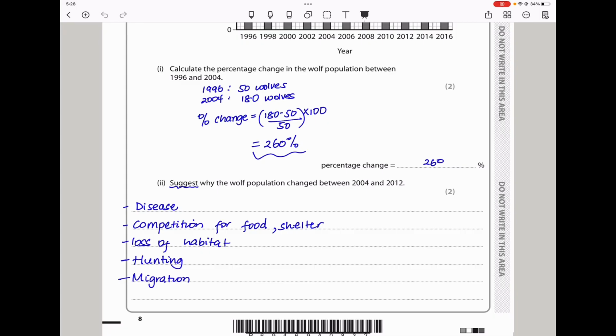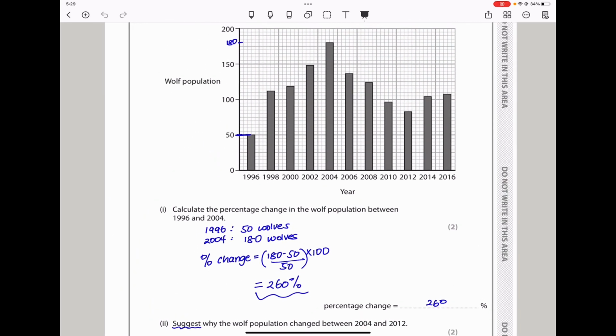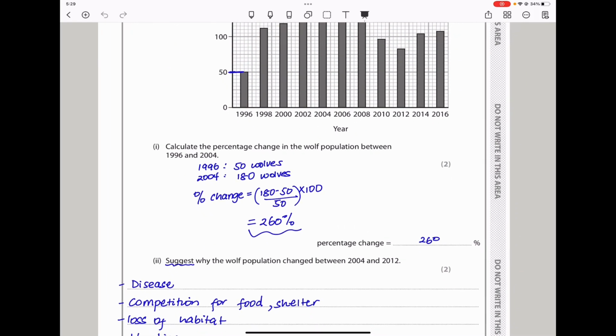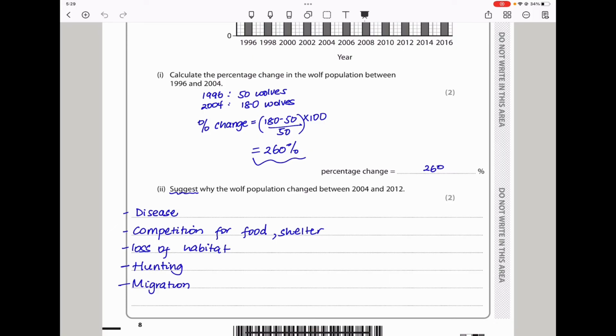The next part they say, suggest why the wolf population changed between 2004 and 2012. The change here is a decrease. It could be due to disease, competition, disaster and so on. So I say there could be disease that killed some of them. There could be competition maybe for food as well as shelter. It could be due to loss of habitat.